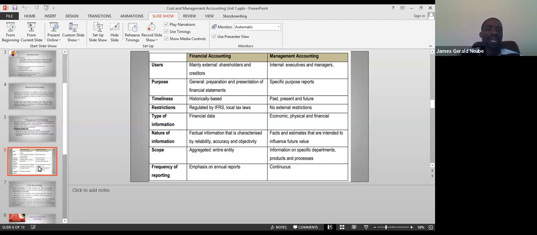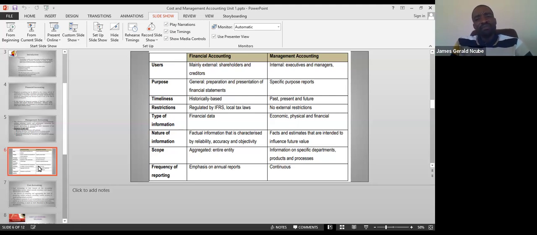When you look at financial accounting, you will notice that it is mainly used by external stakeholders. Here we're talking about shareholders and creditors. They are outsiders as far as the organization is concerned.